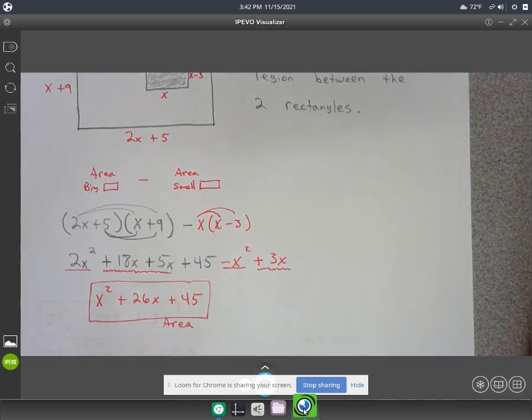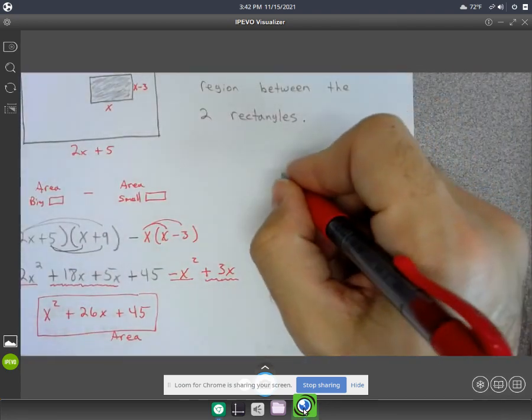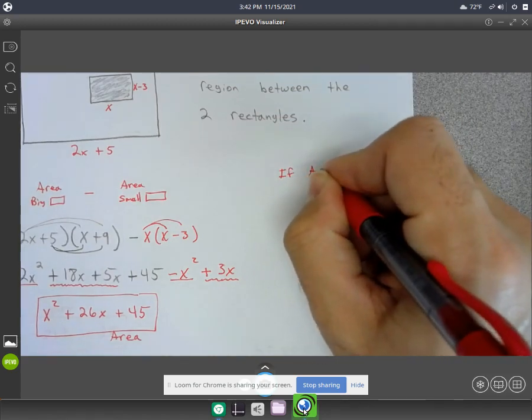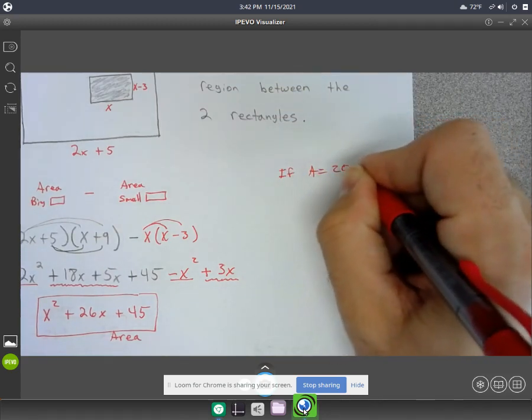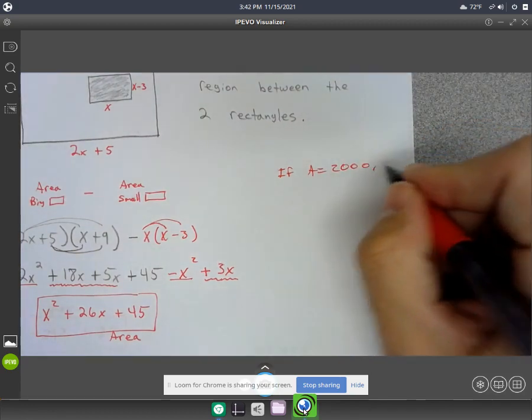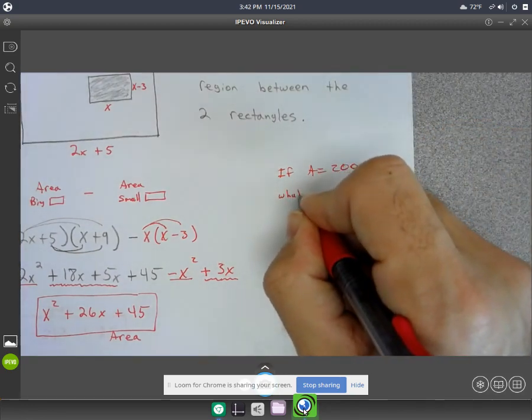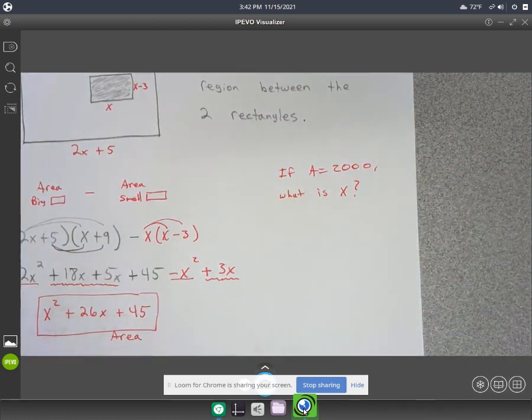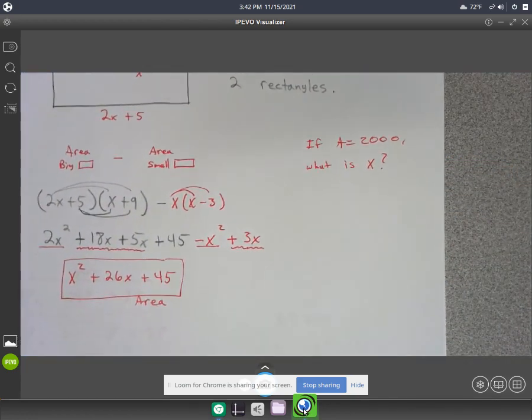But a harder question would be, if the area is equal to, say, 2,000, what is x? So we've got to figure out what value of x to plug in so that we get 2,000 as an answer.